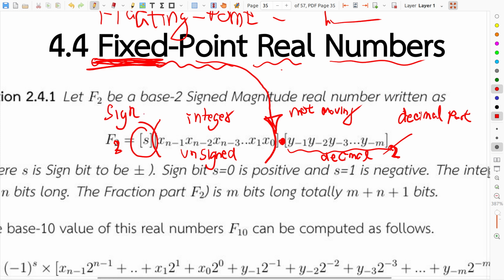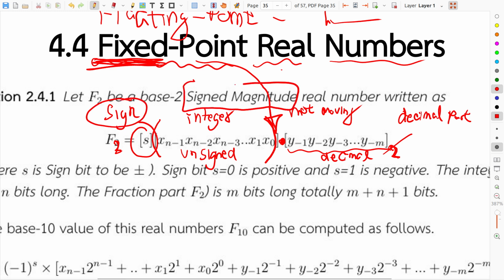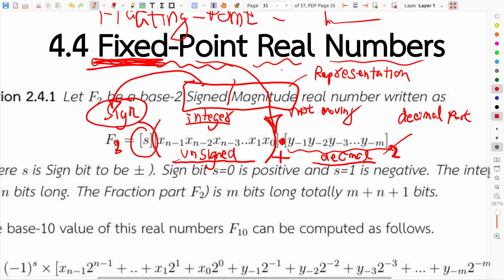Therefore we call this a sign magnitude representation. The magnitude consists of the unsigned integer plus the decimal part, and the sign bit represents the sign, positive or negative.